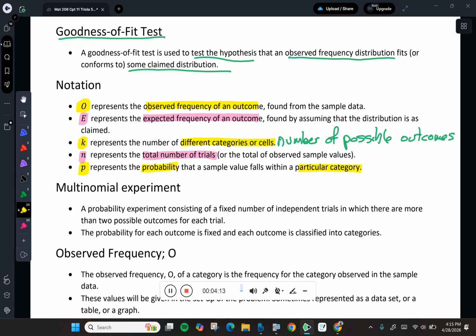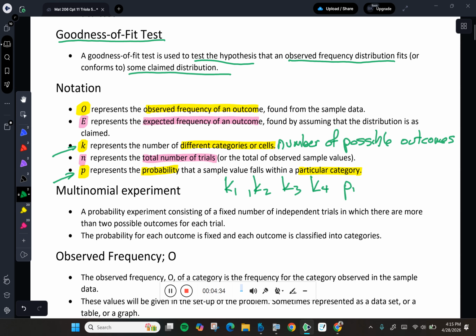Right? Now, along with these Ks and along with these Ps, we're sometimes going to see subscript notation. Like K sub 1 would represent the first possible outcome, K sub 2, K sub 3, K sub 4, and so on. Right? We also might have P sub 1 to represent the probability of K sub 1 occurring.